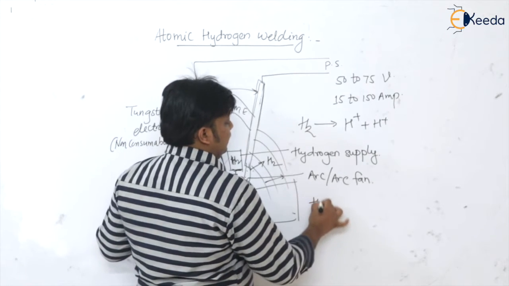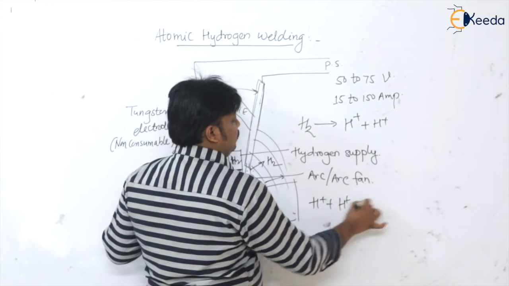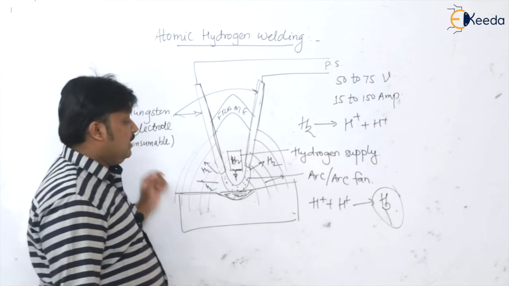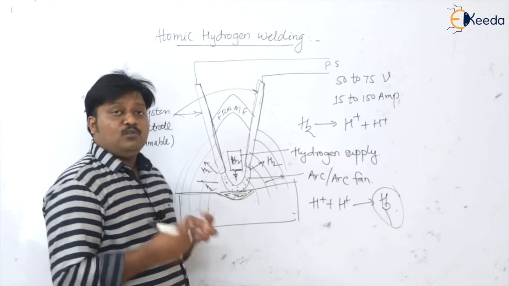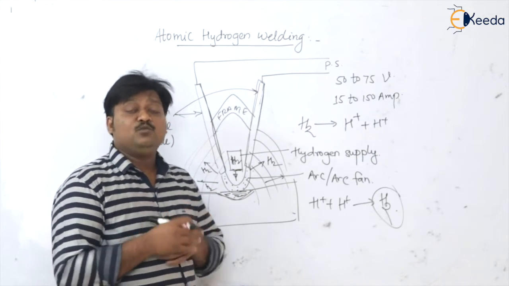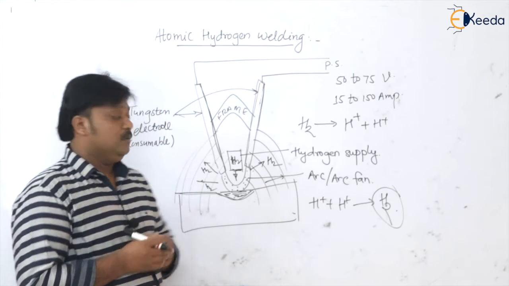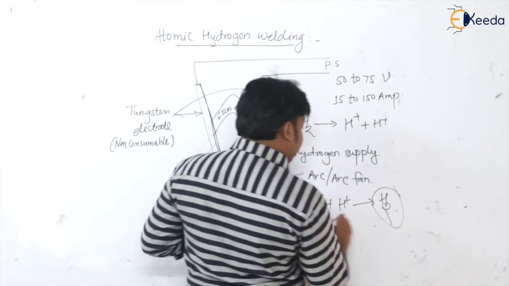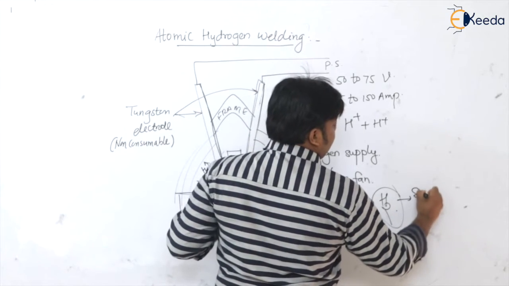That is, H plus H gives H2, the molecular hydrogen. This produces an intense heat, and that heat is used for the melting and joining of the material. So this reaction is the exothermic reaction.